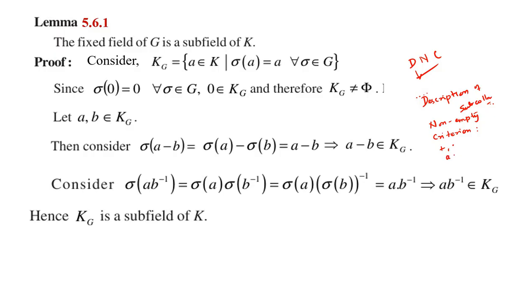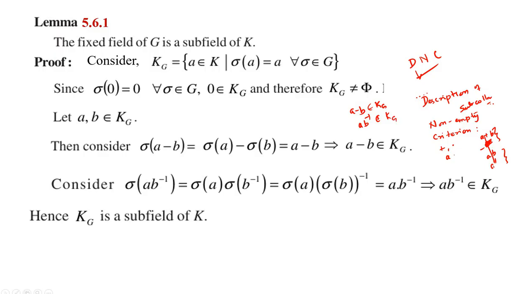That means two conditions: a plus b with the inverse of b, meaning a minus b, and here a b inverse. Clubbing these together, it is enough to check whether a minus b is a member and a b inverse is a member. These two are in K_G. This is what we are going to check.